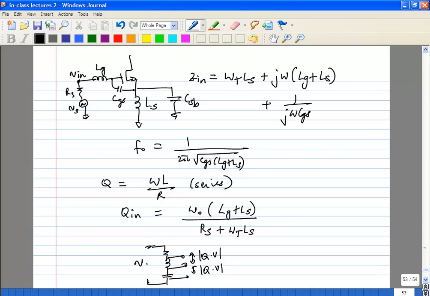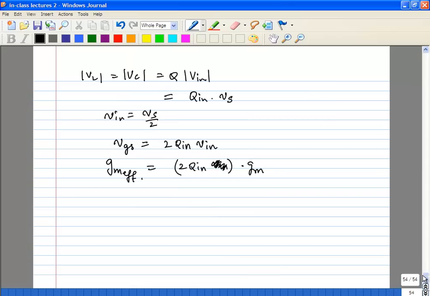You may want to do it in terms of the voltage seen at the input of the amplifier itself. Is that clear to everyone? Okay. So you also get some effective extra amplification from the Q.